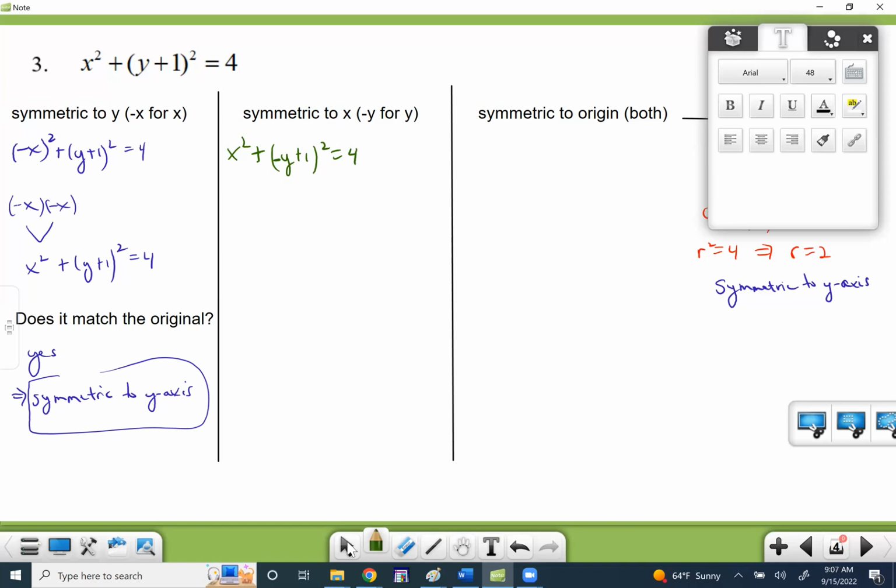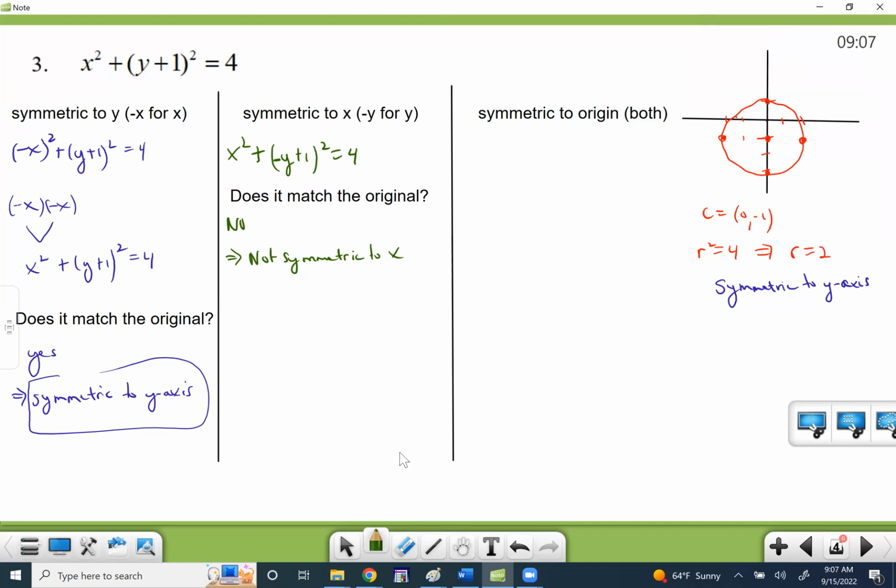Does that match the original? No, it's just off by that little negative in front of the y, huh? So this is going to be a no.